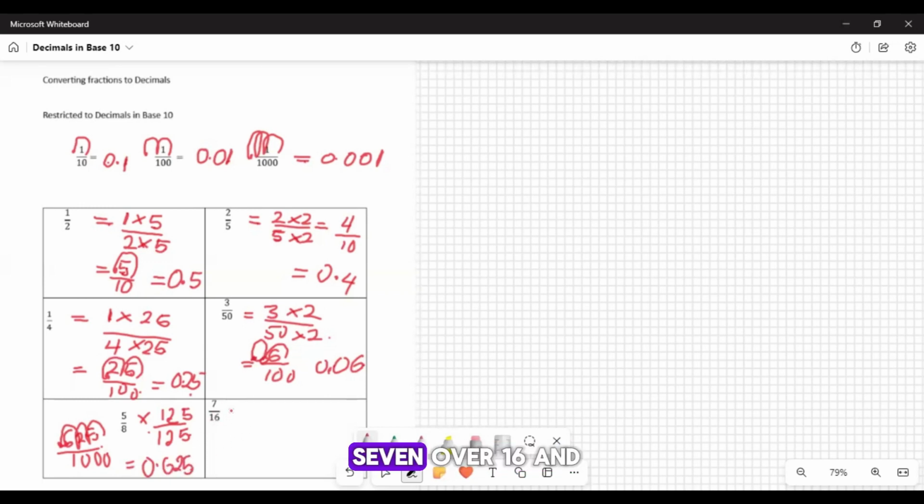So if you have 7 over 16, in 16, you get 4 multiplied by 4. So every 4 you multiply by 25. So that's 25 multiplied by 25, and that is 625. So you're going to have 7 over 16 multiplied by 625 over 625.